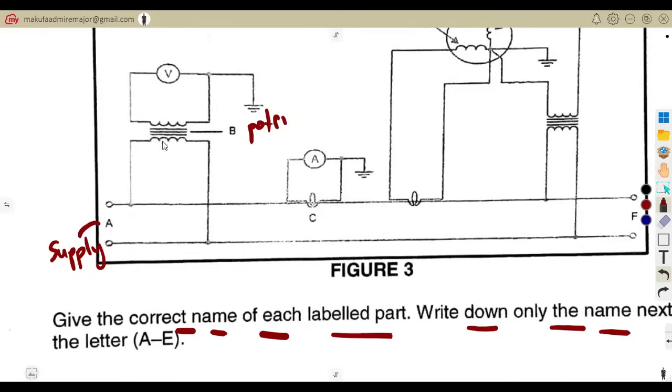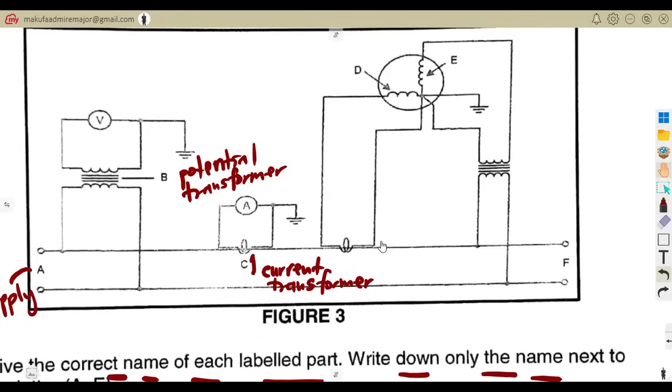As you can see, guys, this is the indication of a transformer. Even if you do not know, you can just write transformer. But that's called a potential transformer. Then C is our current transformer, measuring current, with A the ammeter represented.